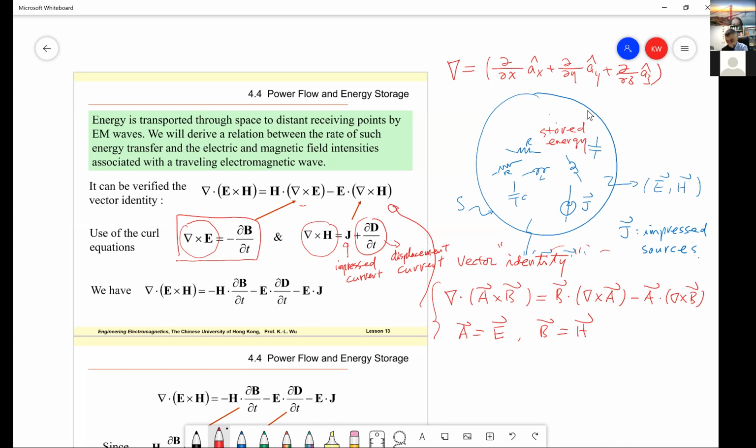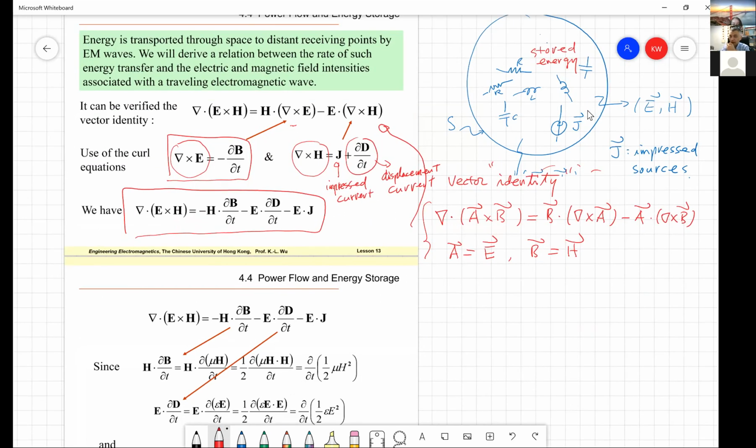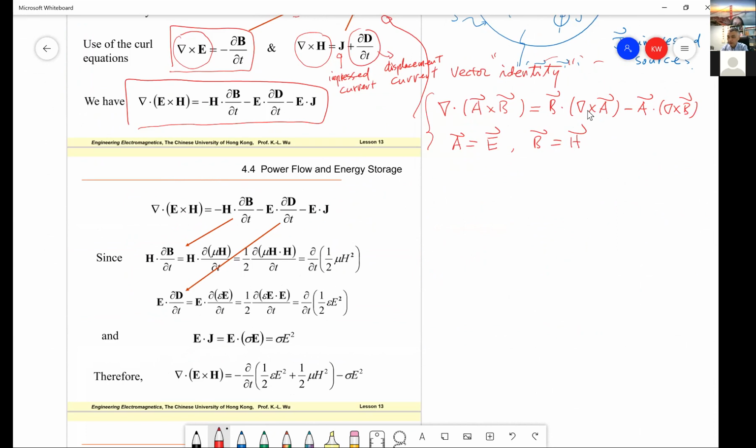Then we substitute the curl E and the curl H, and we come to this equation. Let's copy it.